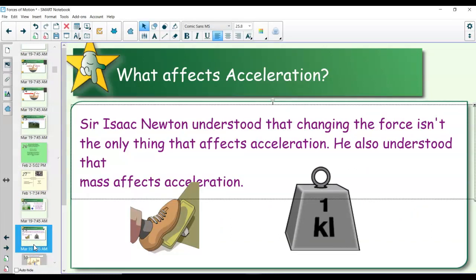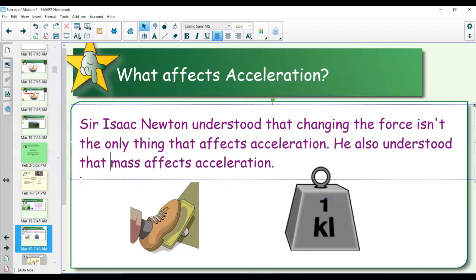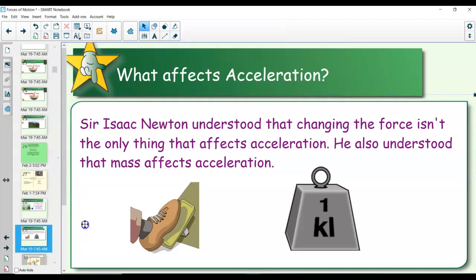Sir Isaac Newton understood that changing the force isn't the only thing that affects acceleration. He also understood that mass affects acceleration. So if you look under the picture of the boy on the bicycle, you will see large force equals large acceleration, small force equals small acceleration.